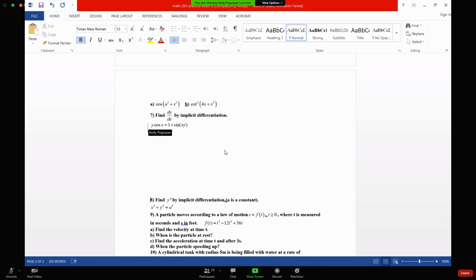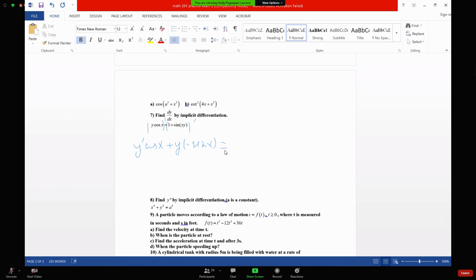So y prime cosine x plus y times negative sine x equals the derivative of 1, which is 0.